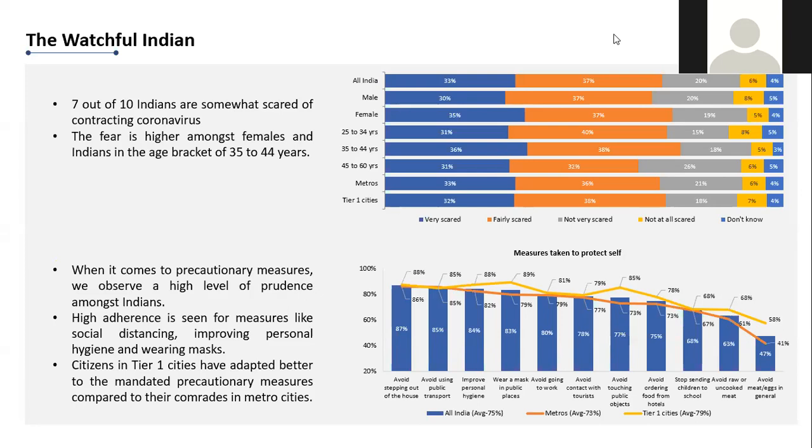Naturally, metro cities and big towns are always early adopters of technology and of precautionary measures. When we went out in the market and spoke to people, this was really apparent: while 70% of Indians were scared of contracting the virus, most of them were prudent enough to take precautionary measures.